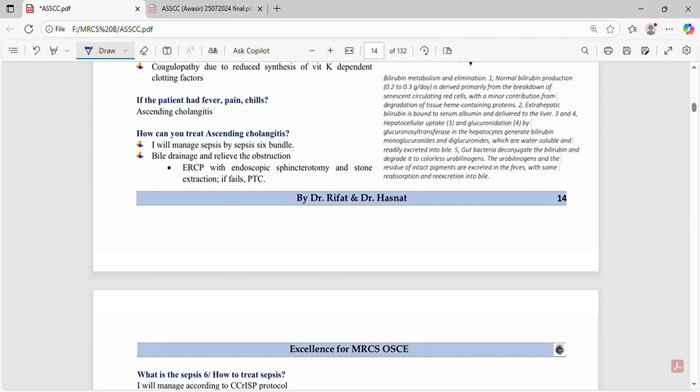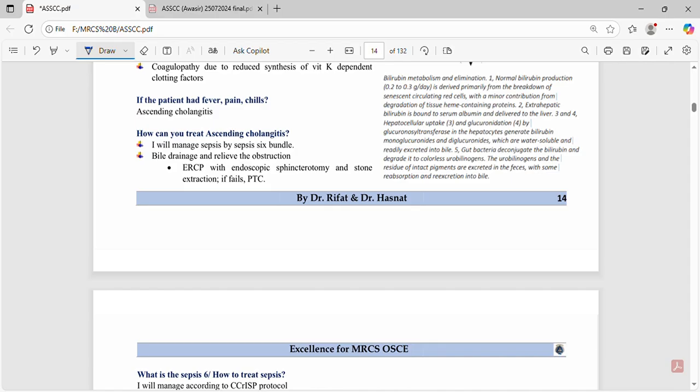How can you treat ascending cholangitis? I will manage sepsis with the sepsis 6 bundle, and do biliary drainage to relieve the obstruction: ERCP with endoscopic sphincterotomy and stone extraction. If that fails, PTC, percutaneous transhepatic cholangiography.